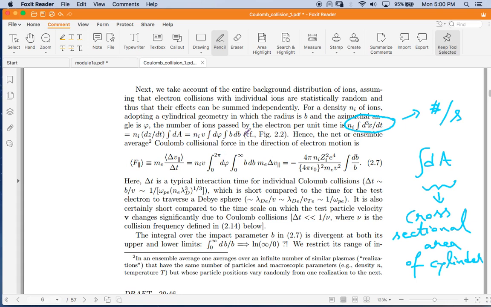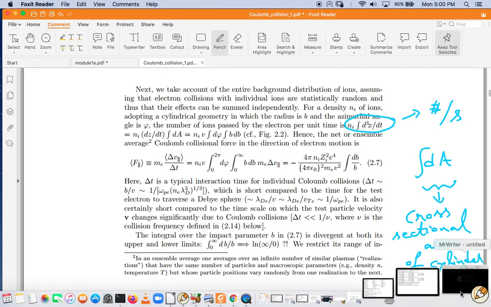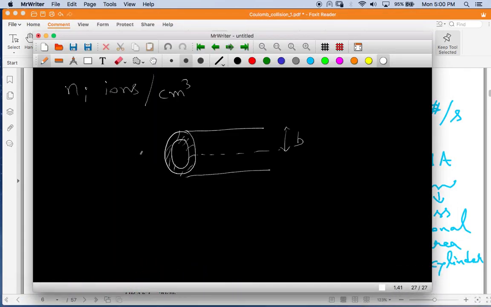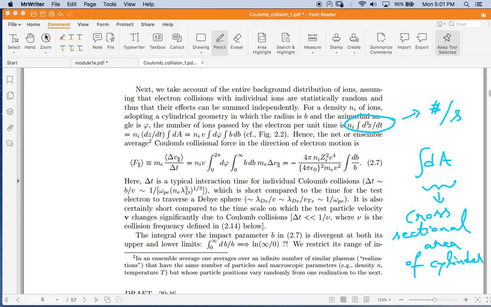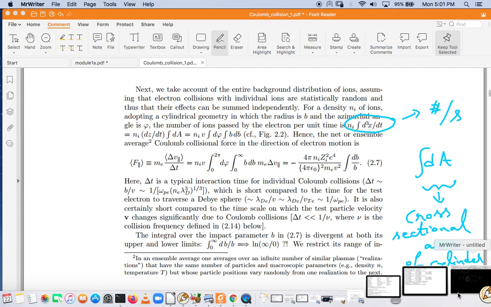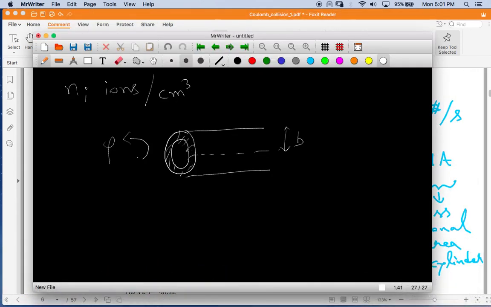This is how you get it: you do a d phi, with phi going from 0 to 2 pi, and the b db, where this is the b and this small thing is the db.